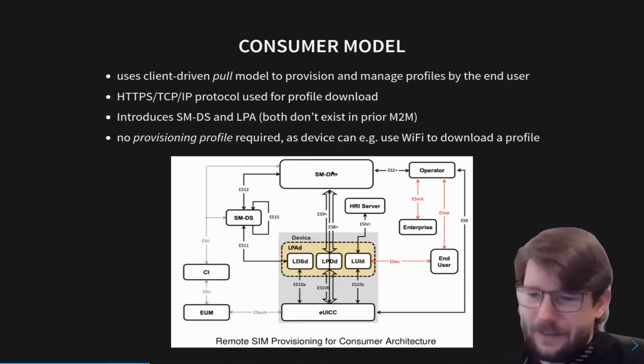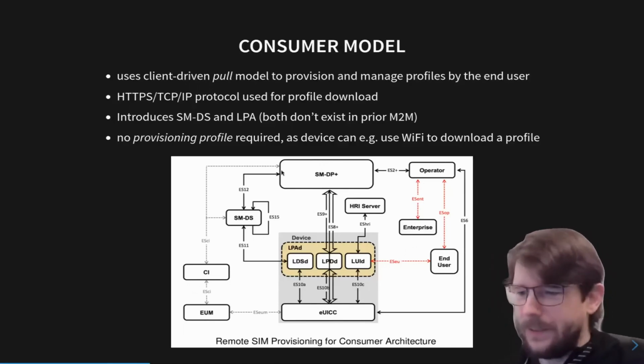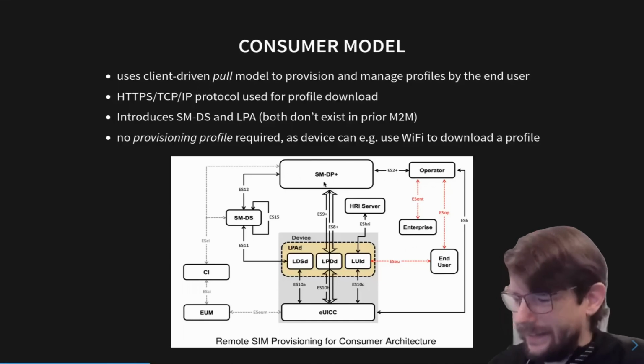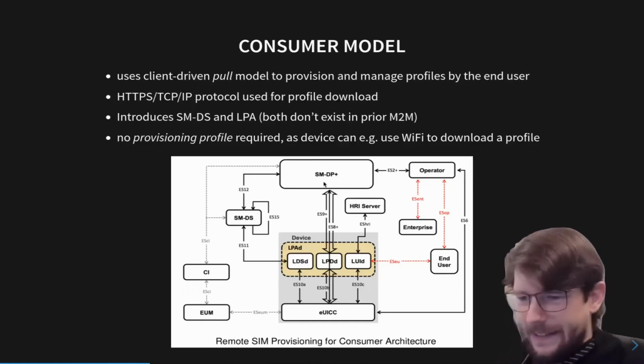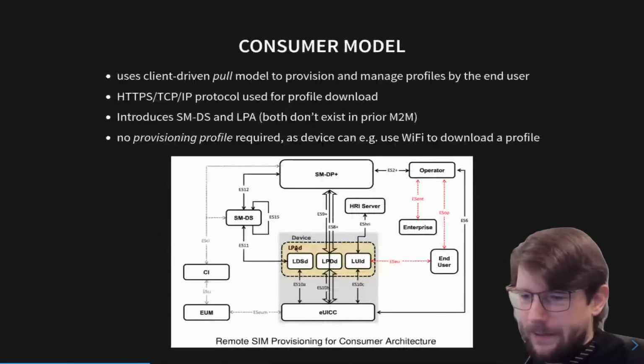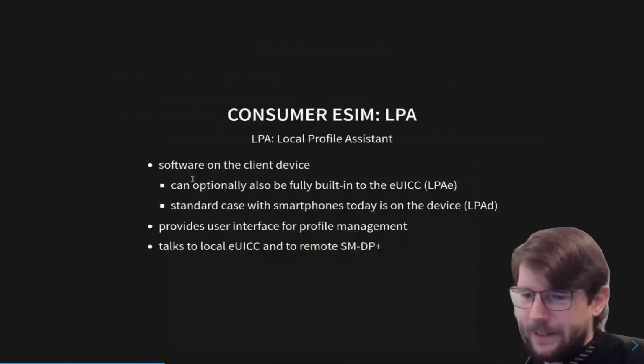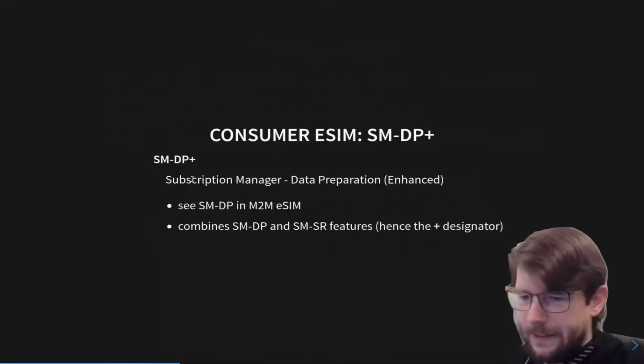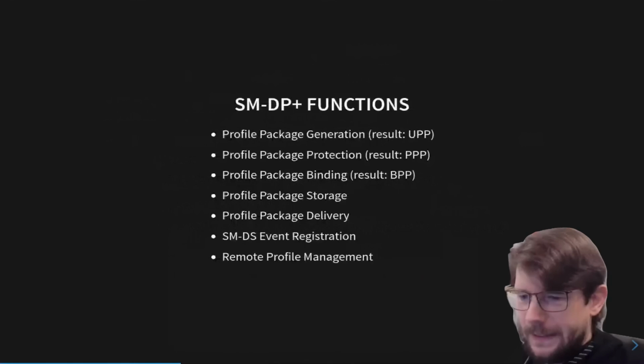Now, of course, that SMTP Plus needs to get its data from some operator and so on, but that's another detail. So we have this LPA software, the local profile assistant, on the client device. I already mentioned that. SMTP Plus, I also explained that already.